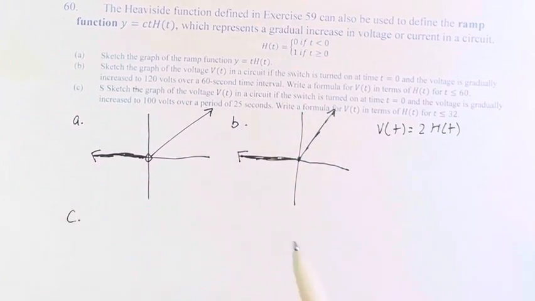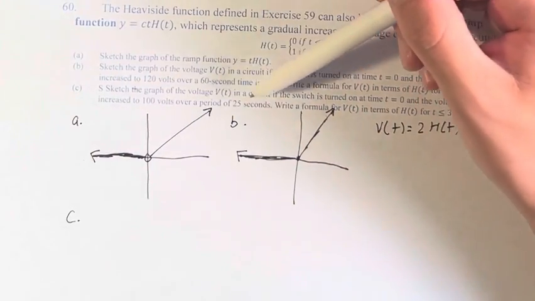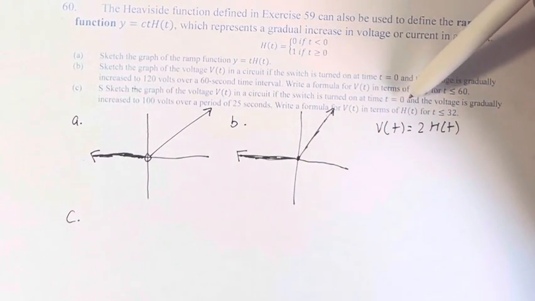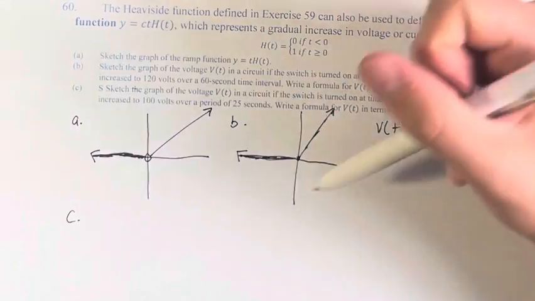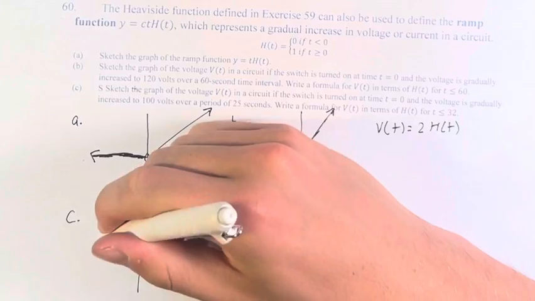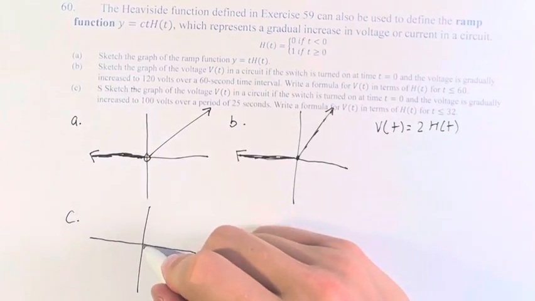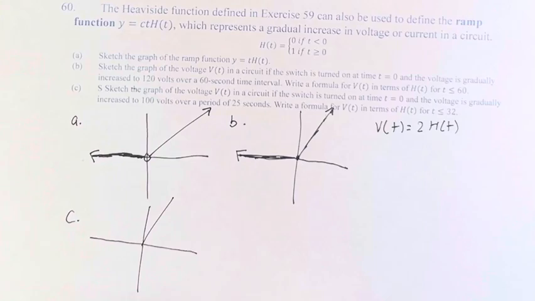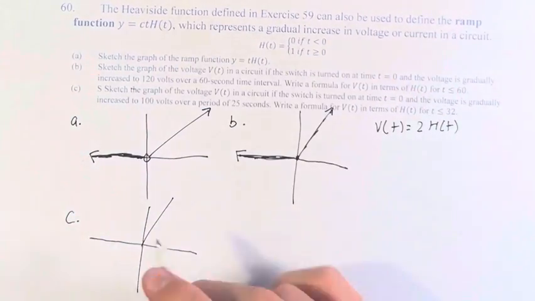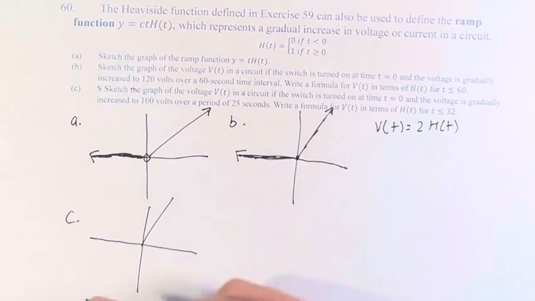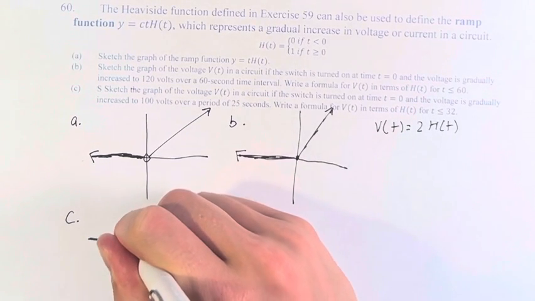Next, we have to sketch the graph of the voltage v of t in a circuit if the switch is turned on at t is equal to 0 and the voltage is gradually increased to 100 volts over a period of 25 seconds. So here, it's increasing even faster. Instead of 25 and 25, it's 25 and 100, so it's 4 times more. And again, this is still the same.